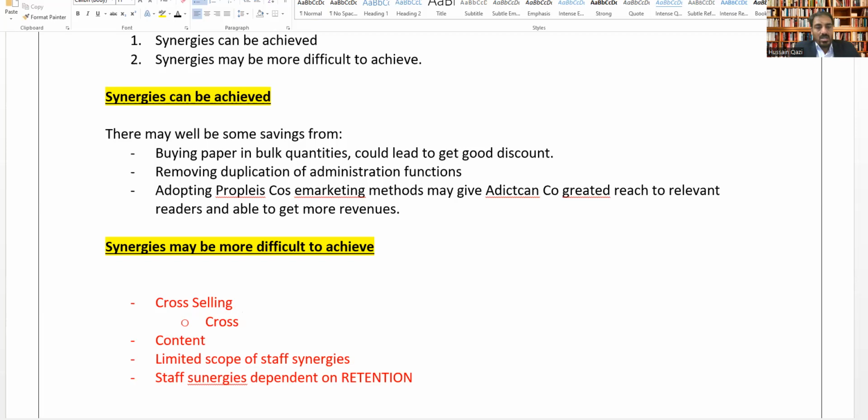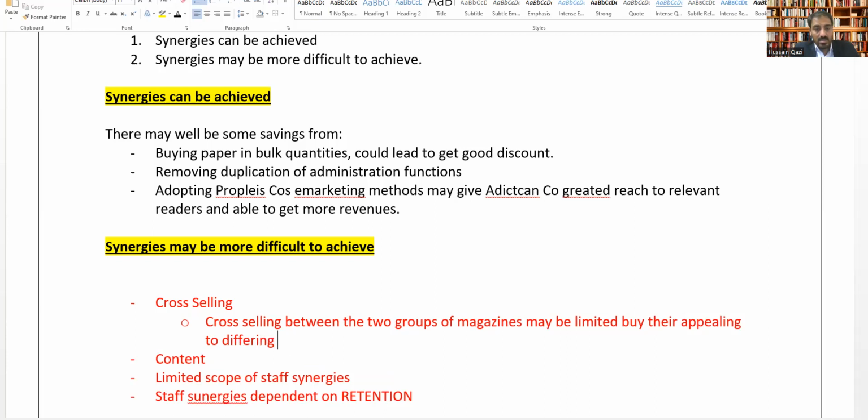Okay, you can mention that cross-selling between the two groups or two companies of magazines may be limited by their appealing to differing customers or readership. So customers are different. So this is the complete sentence.